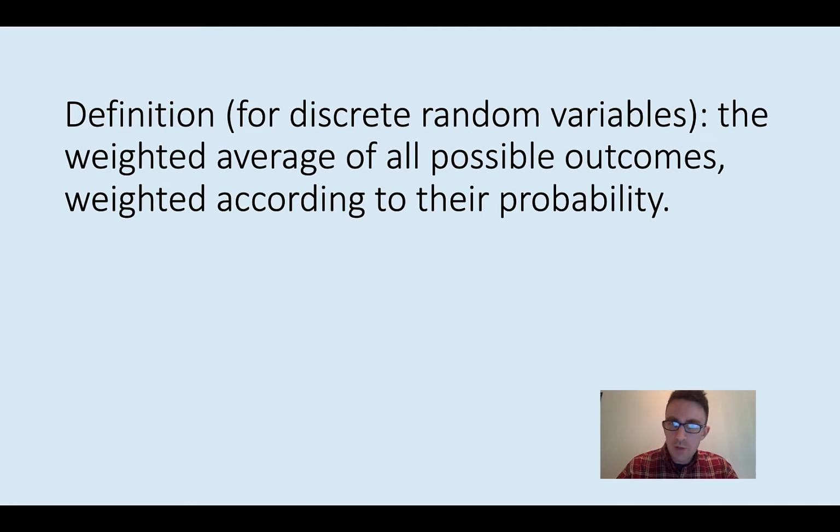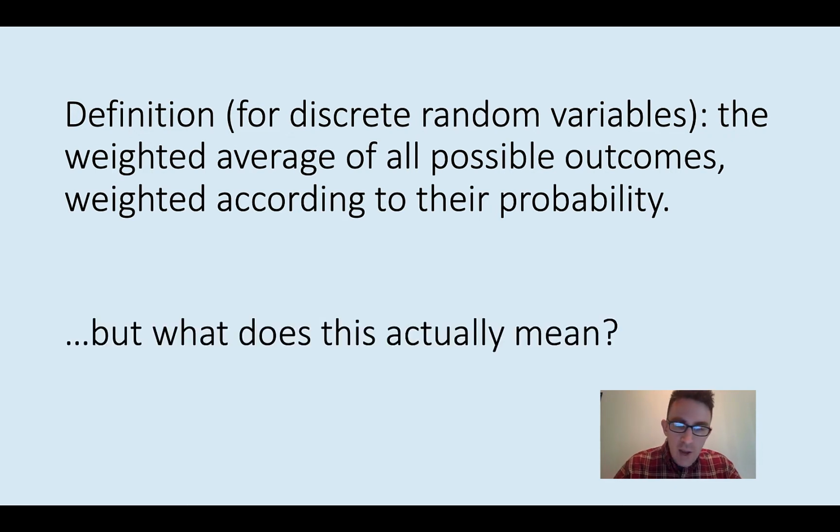I paraphrased the definition I found on Wikipedia. It's basically a weighted average where you weight all of the outcomes of a random variable according to probability. But what does this actually mean, and how do we understand it intuitively? That's the question for this video.